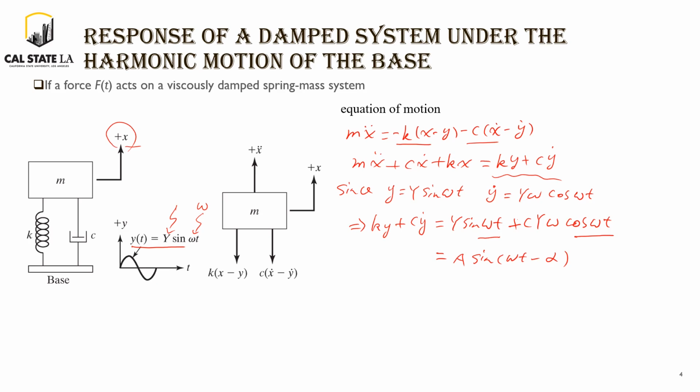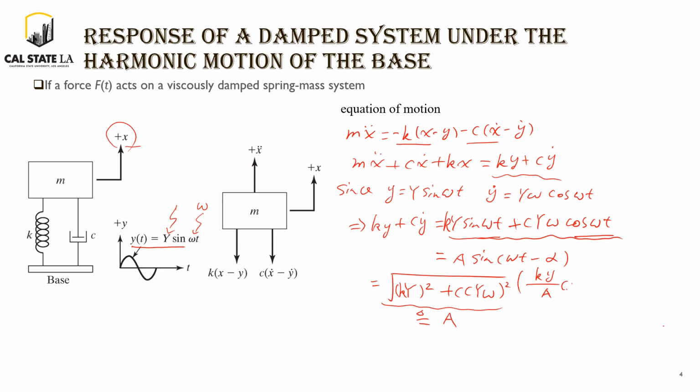We can simplify this by taking out the square root of the sum of squares of the coefficients: (k Y) squared plus (c Y omega) squared. Let's call this term A. Inside the expression that will be k Y over A times sine omega t plus c Y omega over A times cosine omega t.